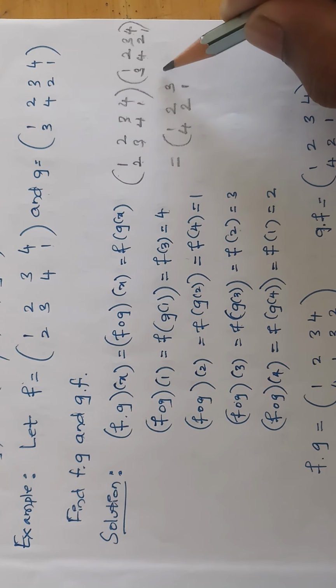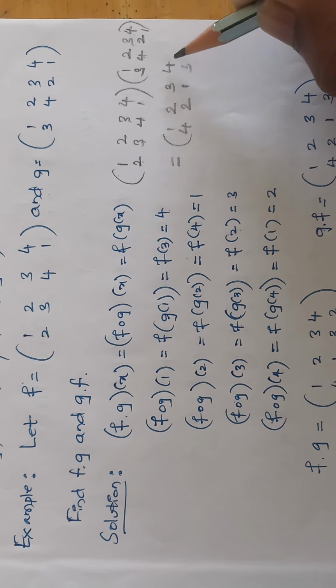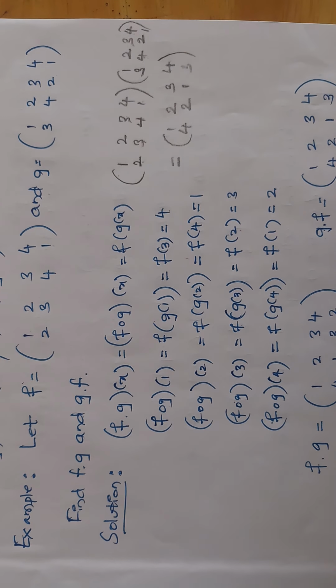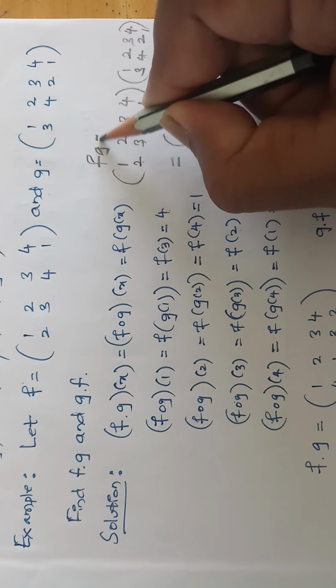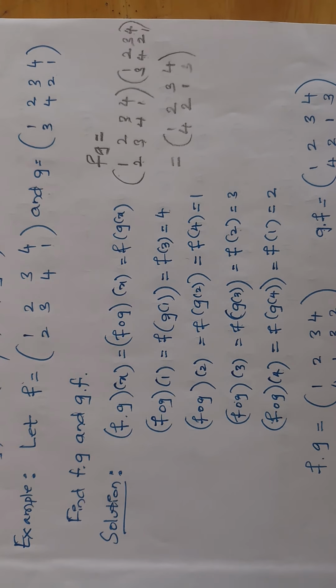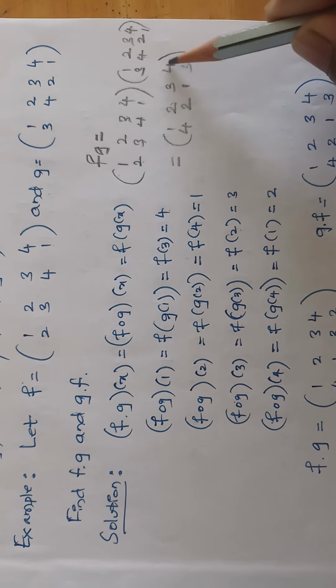Then 4 goes to 1 and 1 goes to 3, so 4 goes to 3. So this is the product f into g: 1 goes to 4, 2 goes to 2, 3 goes to 1 and 4 goes to 3.